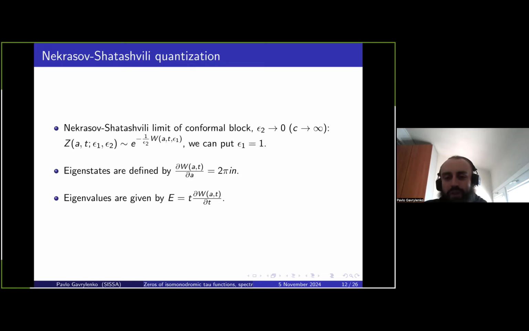Classical because the central charge goes to infinity. And the Nekrasov-Shatashvili quantization can be formulated very easily. It's a function of two variables, a and t. The quantization condition says that the a derivative of this function should equal pi i n. And then if you find such a, actually such a's, there are many of them, then the energy is given by the t derivative of this function.